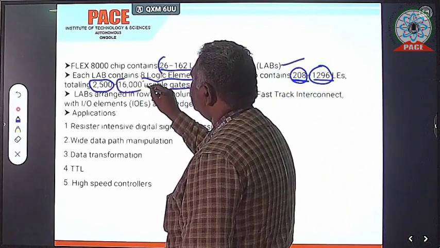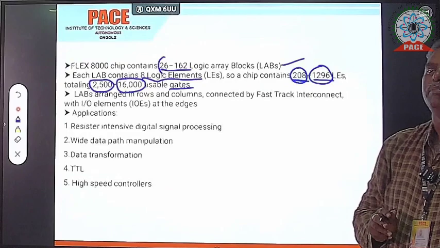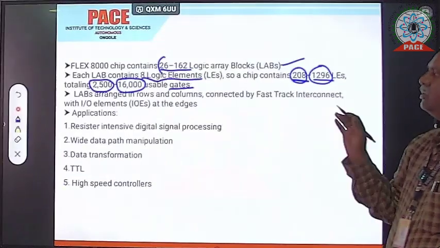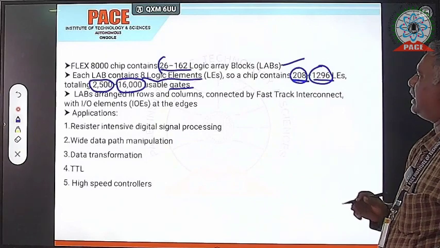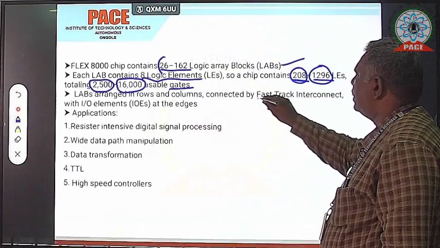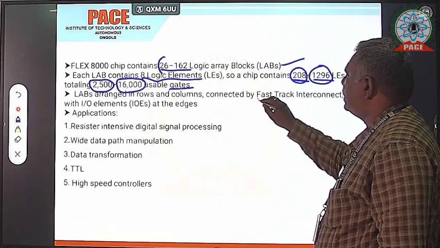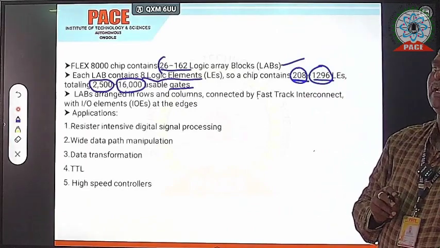This is one of the basic advantages of using the 8000 FPGAs. One more advantage, as already discussed, is the fast track interconnect. Then we will see what the applications of this 8000 are.